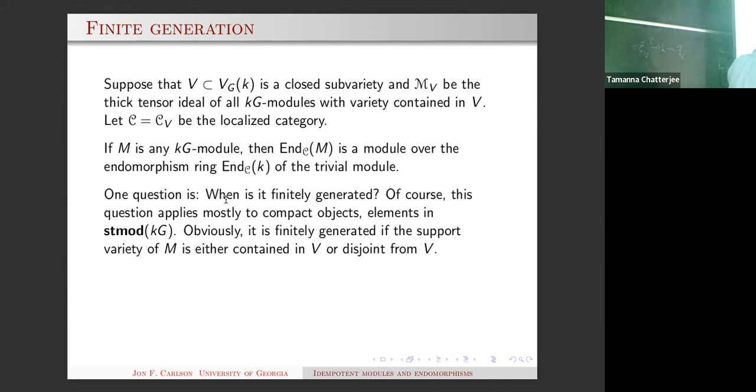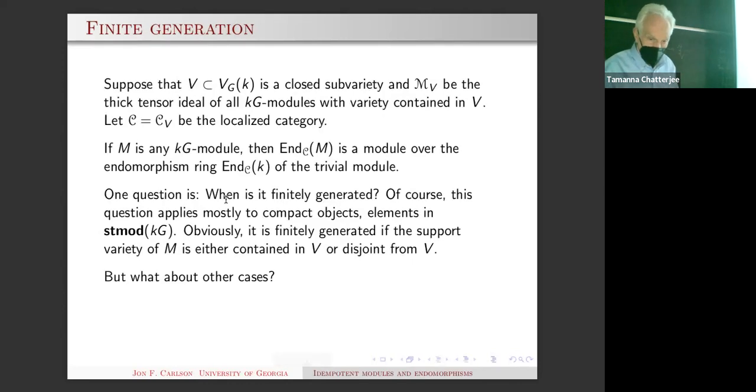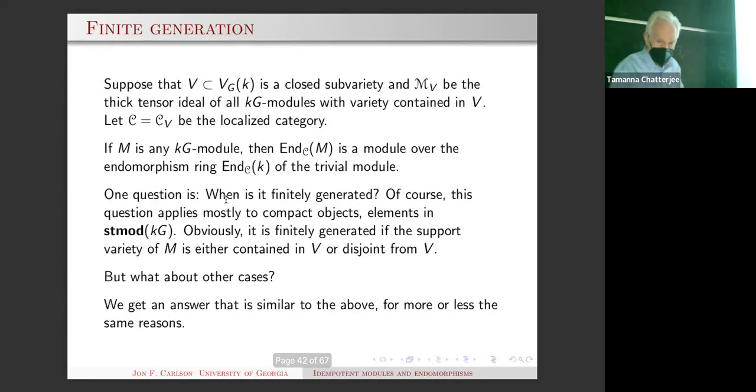It's obviously true if the support variety is either contained in V or disjoint from V. And that's because when you tensor with either one of these, you're going to get just a finitely generated module back. But the question is, when you do this in the localized category, basically what you're doing is tensoring with F(V), and you may get an infinitely generated module. So what about the other cases?